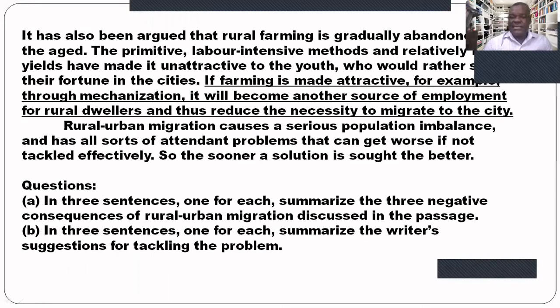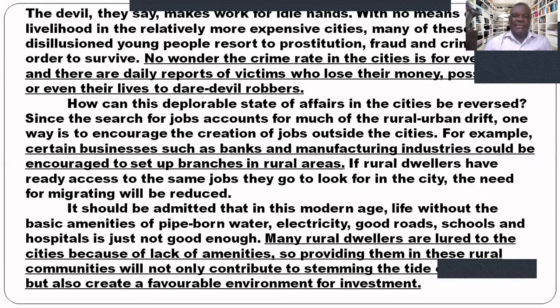The writer's suggestions for tackling the problem are, you put a colon, and then in the next line you write I, all right, and then you come to this first one. Certain businesses such as banks and manufacturing industries could be encouraged to set up branches in rural areas. You change it to your own words, you know.